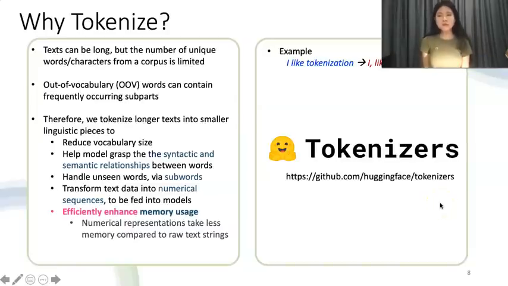Why do we tokenize? Because the text can be long, but the number of unique words or characters from a corpus is limited. And there are other vocabulary words which can contain frequently occurring subparts. For example, you may see a word in your test set or at inference time that you never saw before.